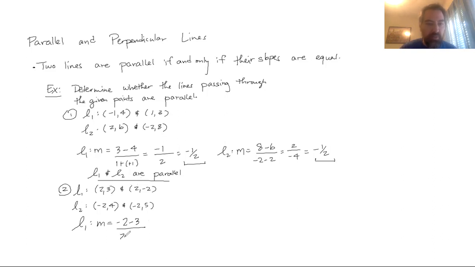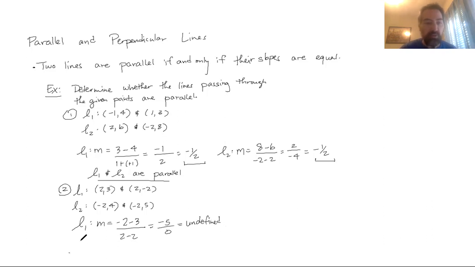Now, what do you see here? The x values are the same, so the difference in the x values is going to be 0. We know we cannot divide by 0, so what does that mean about this line? That means it's a vertical line. That means the slope is going to be undefined because 2 minus 2 is 0. We cannot divide by 0, so that means we have an undefined slope.